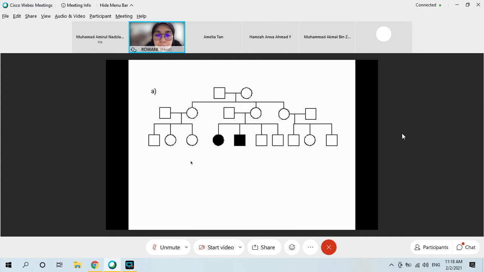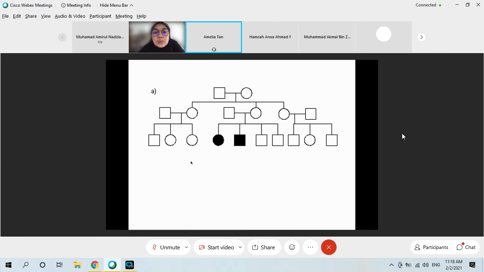So if it is an inherited disorder, father and mother could be carriers. What could probably be the mode of inheritance? Is it autosomal dominant, autosomal recessive, X-linked recessive, X-linked dominant? Autosomal recessive.